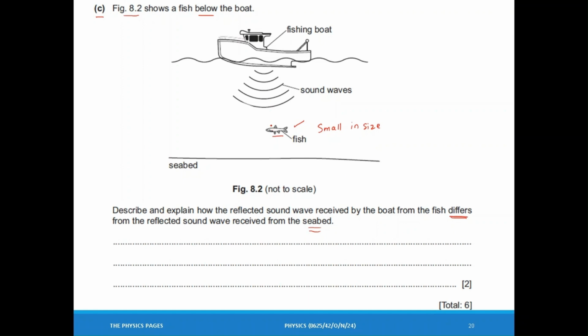So the wave which will reflect from the fish will be weaker, because the size of the fish is smaller. Secondly, this fish is near to the boat and the seabed is farther apart. So reflected waves from the fish, or the echo, will be heard sooner as compared to the seabed.